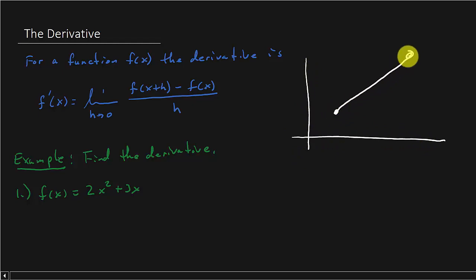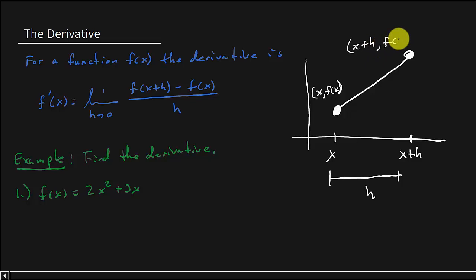If you've got 2 points here, and this is x, and then you move over to this x value, and let's just say you move over h units, then this would be x plus h. So the coordinates of this point would be x, f of x, and the coordinates of this point would be x plus h, f of x plus h.